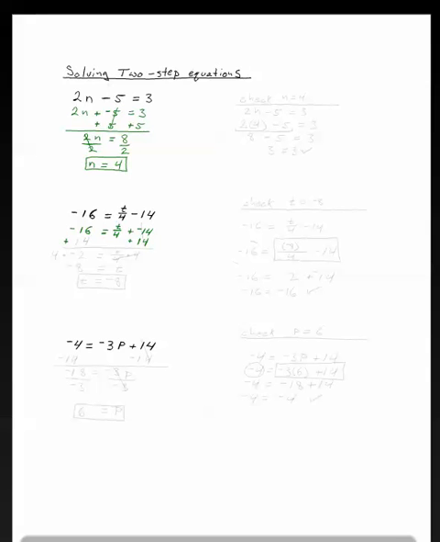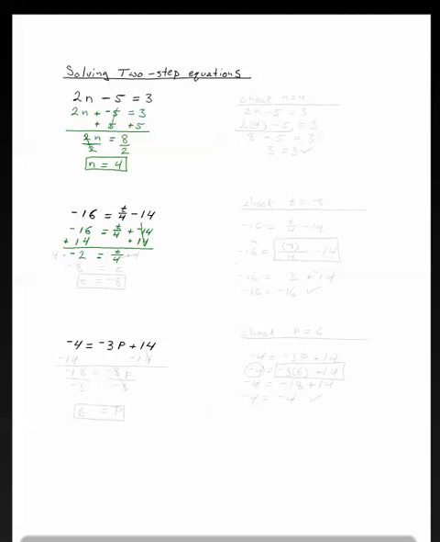Remember that whatever I do to one side, I have to do the exact same thing to the other side. So negative 14 plus 14 cancels, and we're left with just t divided by 4 on that side. Negative 16 plus 14 gives us negative 2.